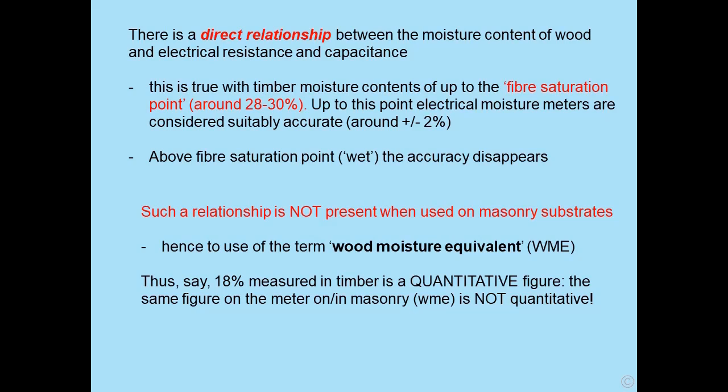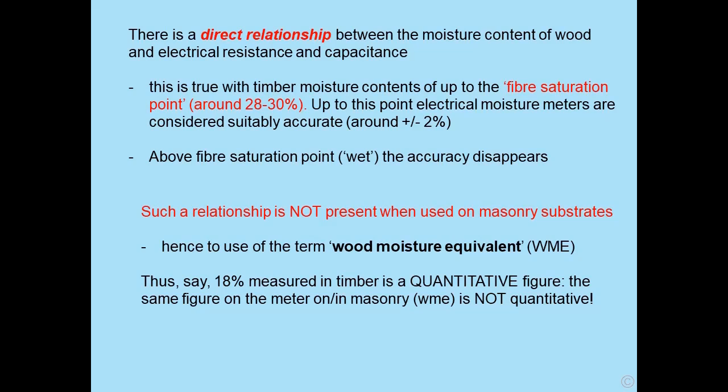Hence the term wood moisture equivalent. That is to say, 18% measured in timber is a quantitative objective figure. The same figure on a meter in or on masonry, measured as wood moisture equivalent, is not quantitative.